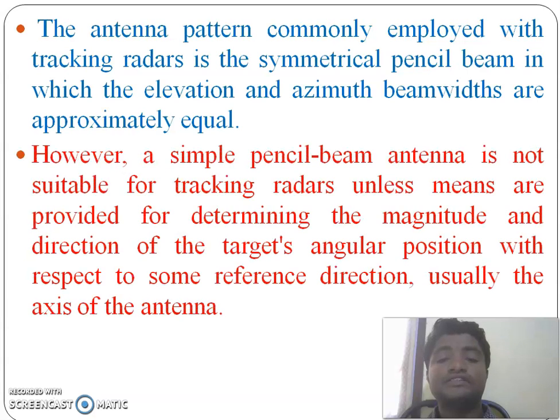However, a simple pencil beam antenna is not suitable for tracking radar unless means are provided for determining the magnitude and direction of target angular position with respect to some reference direction. Usually the axis of the antenna is used as a reference direction.